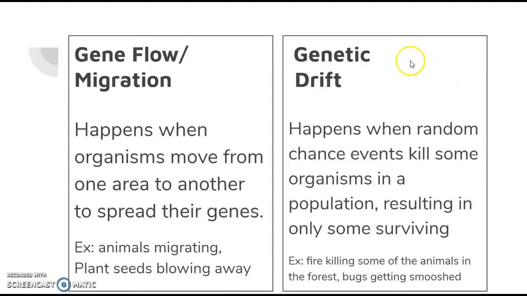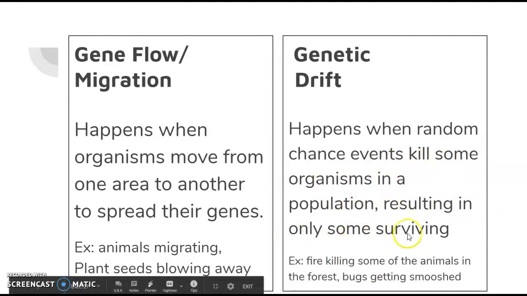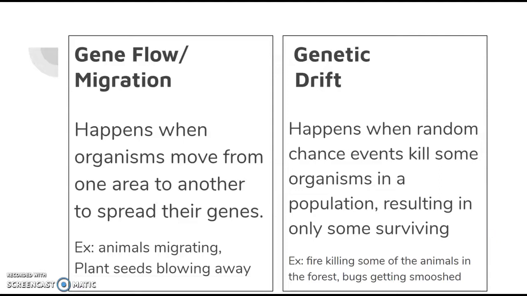Then genetic drift, on the other hand, happens when random chance events kill some organisms in a population, resulting in only some surviving. So examples we talked about were a forest fire killing some of the animals in the forest, or the bugs getting smushed. And that is the main difference between gene flow and migration and genetic drift.